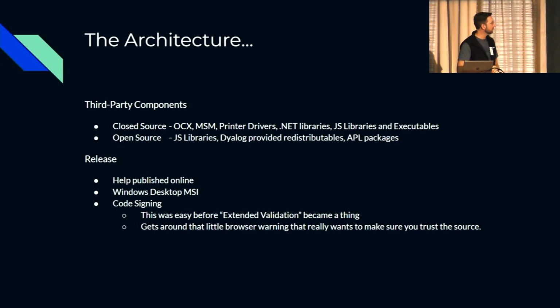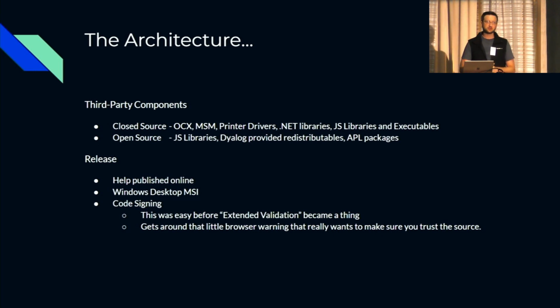We distribute a whole bunch of third-party utilities that we license. Some of them are OCX controls to display PDF, which now we're moving to the HTML renderer. But the Dyalog 14.1 distribution obviously does not have that, so we still need to distribute a 32 and a 64-bit PDF viewer. There's printer drivers that we distribute for printing PDF, .NET libraries, JavaScript, and executables.